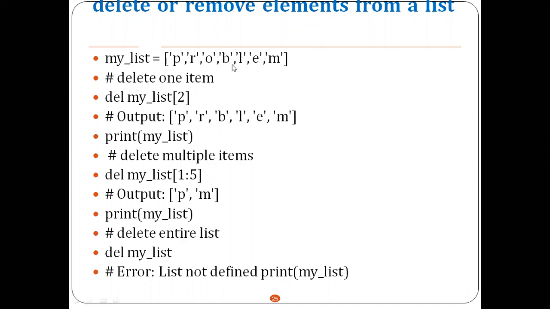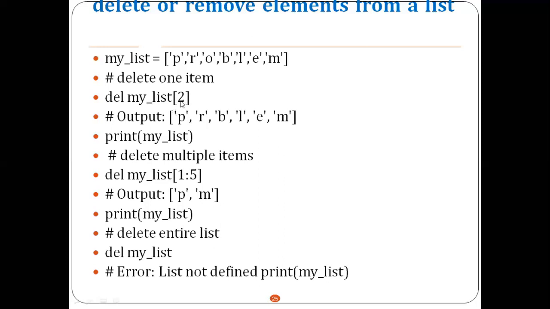Here is my list, PROBLEM, right? Seven elements I have. What I'm doing is that I want to delete a particular element. To remove a particular element in the list, you just specify the index value, that is delete my list, and the index you want to delete.